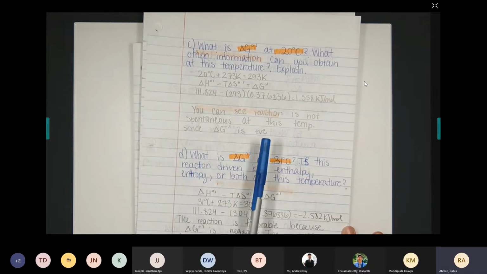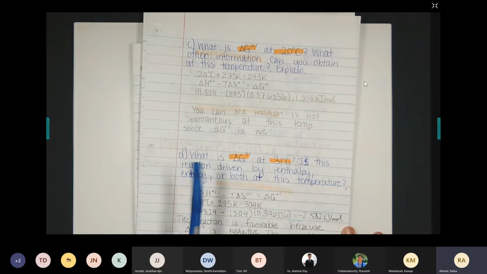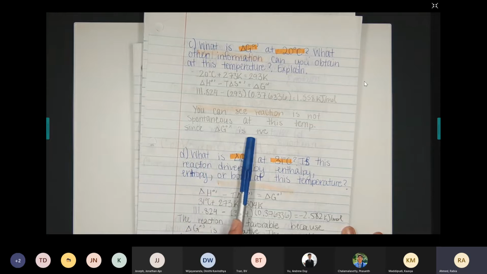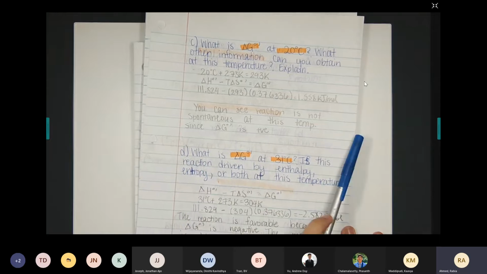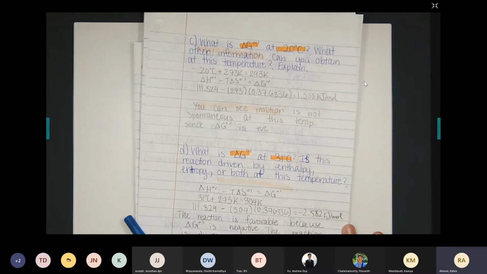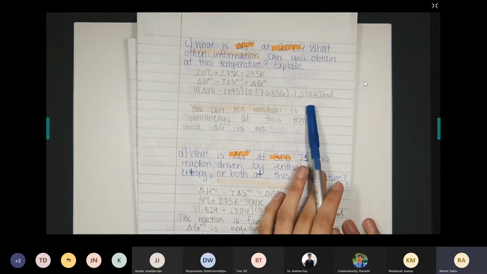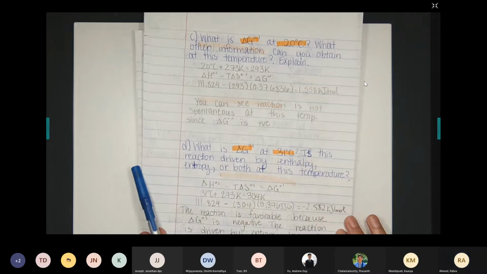So now you can see that the reaction is not spontaneous at this temperature, since the change of G, which is the free energy, is positive. So if it was negative, it would be spontaneous.